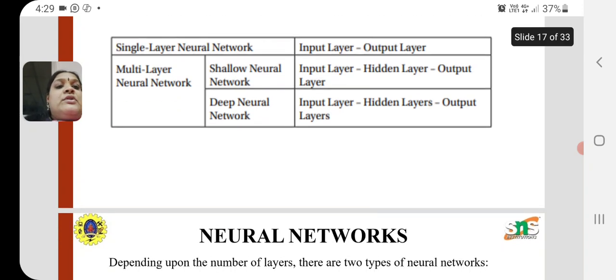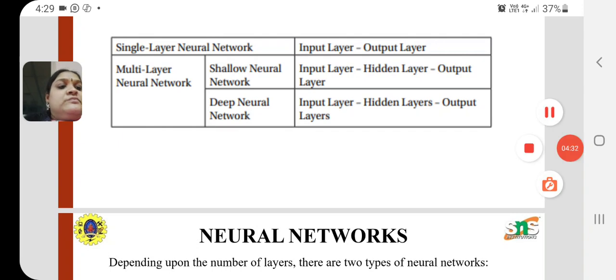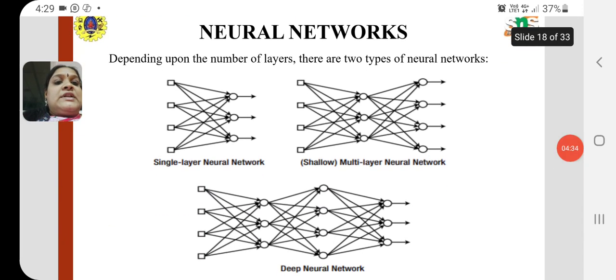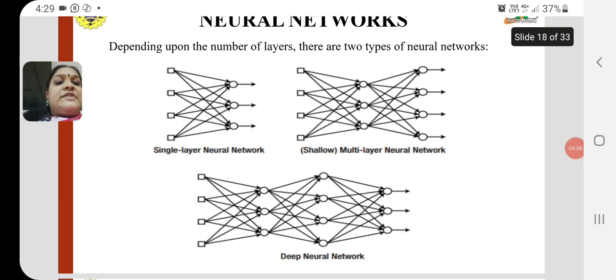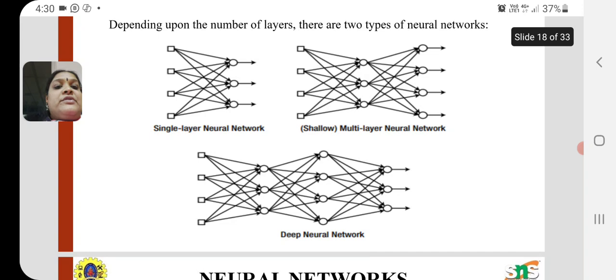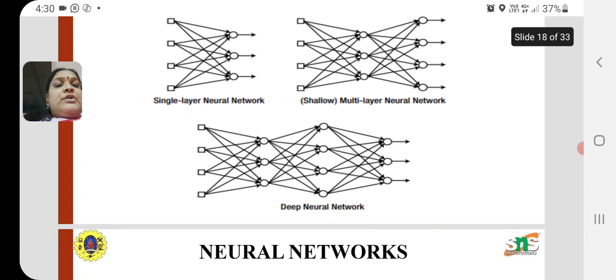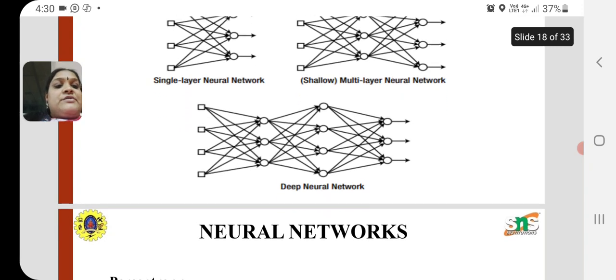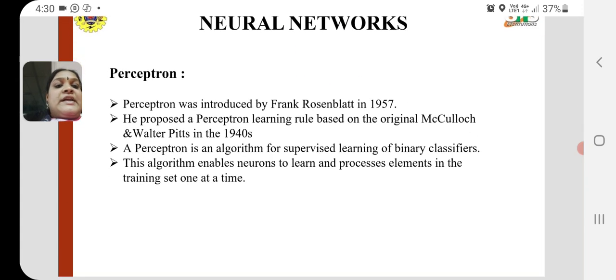So to train a model for any complex situation, we will use this deep neural network. These are the differences in the diagrammatic representation of single layer neural network, multi-layer and deep neural network. Shallow means only one hidden layer will be there, and deep neural networks mean n number of hidden layers will be there.